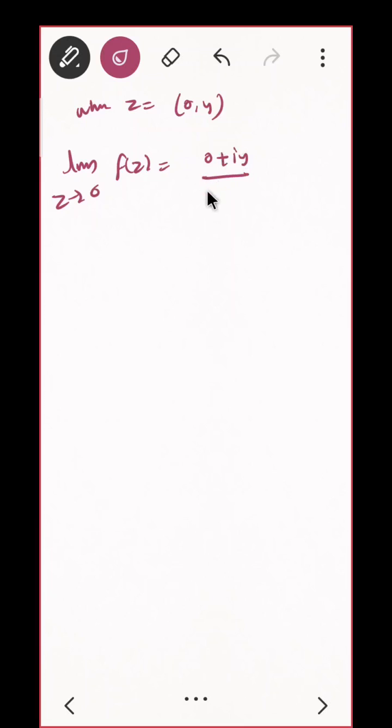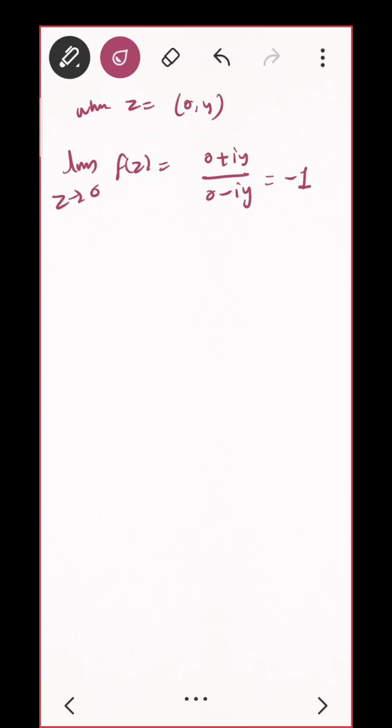And if I go from the imaginary axis, that is when z equal to 0 comma y, so limit z tending to 0 will be, what will come? Zero plus iy upon 0 minus iy, that is equal to -1. Correct?